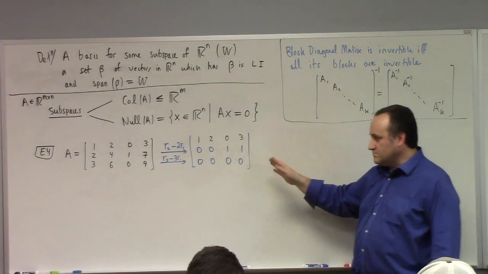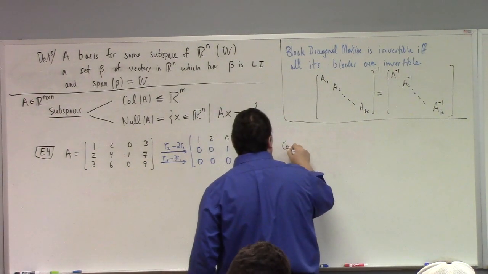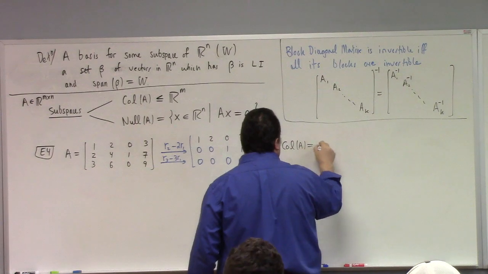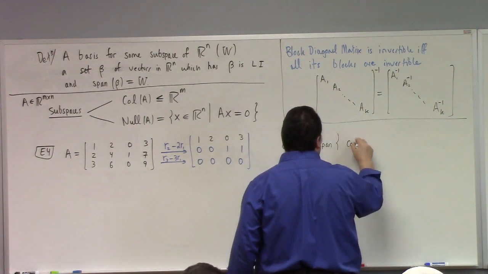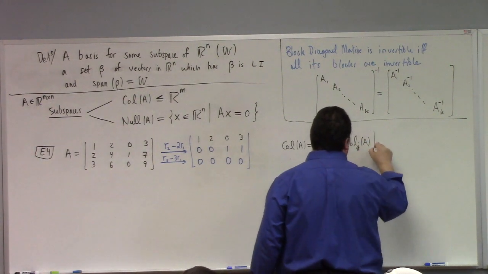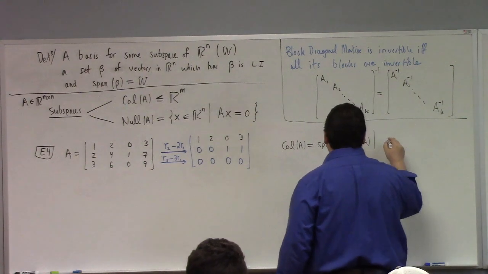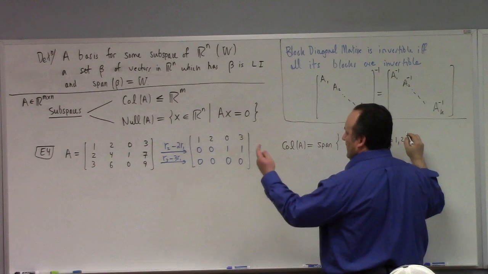All right. So the column space of A, I guess I should give you the actual definition. The column space of A is the span of column j of A, such that j equals 1, 2, however many columns there are.